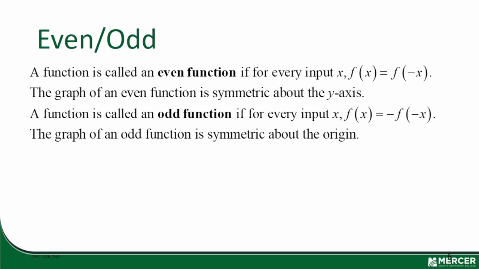So even something as simple as x squared plus 1. That is not symmetric about the y-axis, but it still has symmetry. No, I'm sorry. X squared plus 1 is still symmetric about the y-axis. X plus 1 quantity squared.